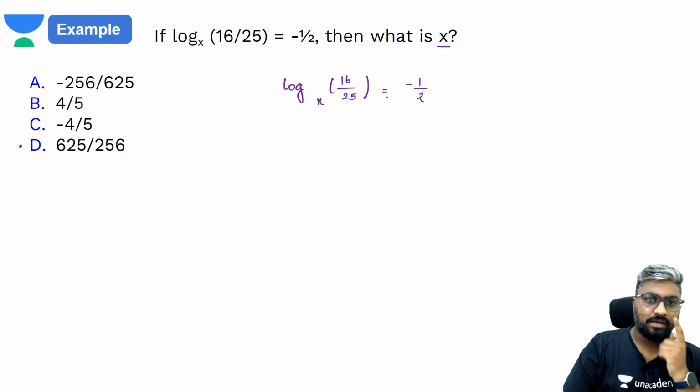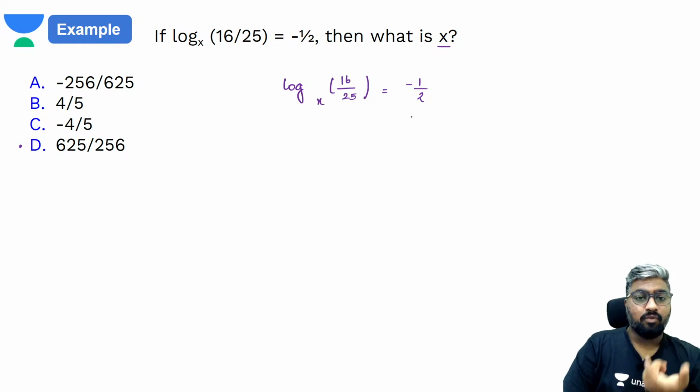If you really want, you can bring this as minus 1 by 2 into 1, so you can add up log x to the base x here, and then take anti-log and solve it. But in a faster way, how can you do it? What will be the best way to answer this? It's clear that x to the power minus 1 by 2 is nothing but 16 by 25. Correct?